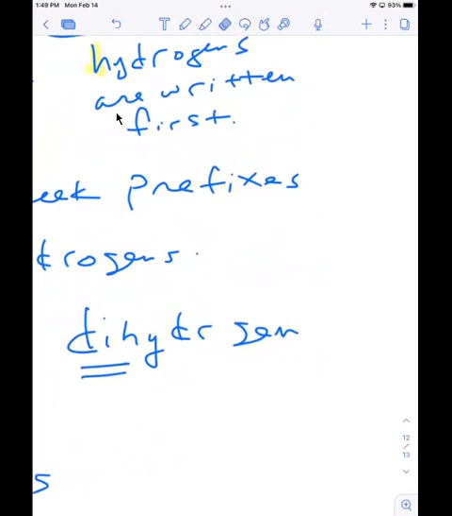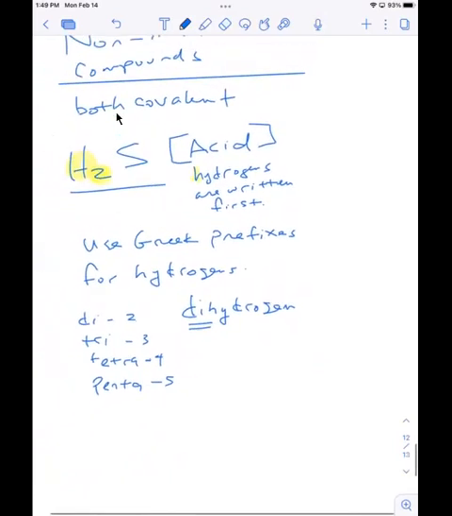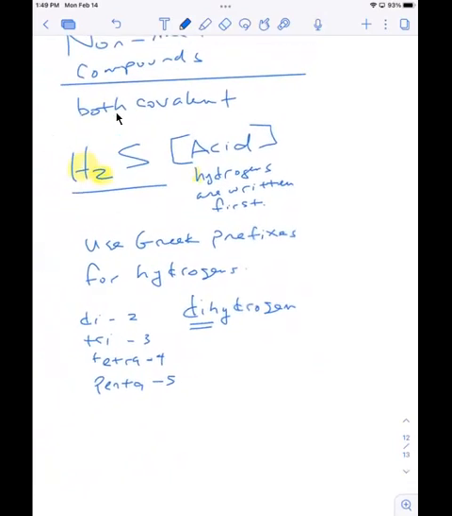I thought you only put suffixes when there was a metal. No, okay, that's a good point. But when it's negative, you also have to use a suffix, because if we were to pull this apart, like we did the metals, even though it's covalent, we can still think of the same concept. This would be H plus 1, and then S minus 2.